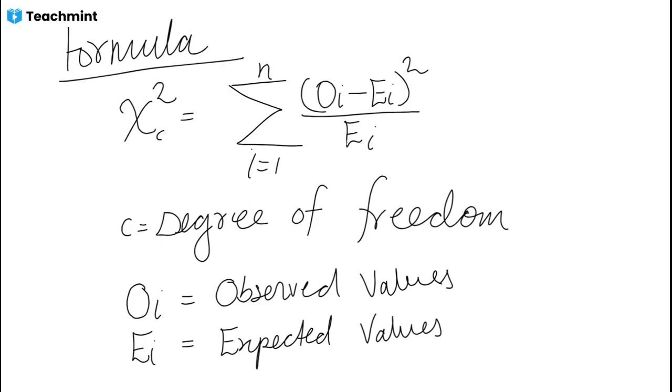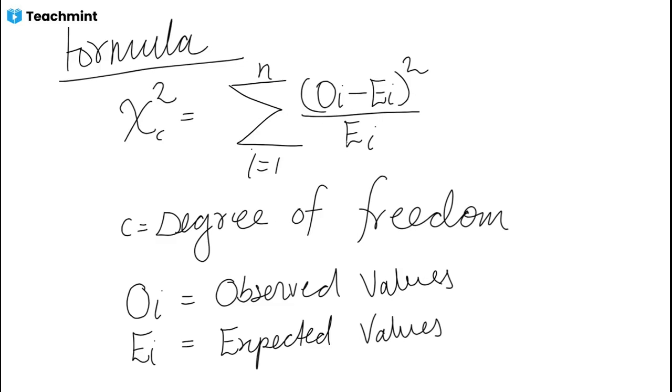So in the chi-square test, first of all, we take the null hypothesis for a given condition, then the alternative hypothesis. See here in this question, we have two values, or we can say n is equal to 2.